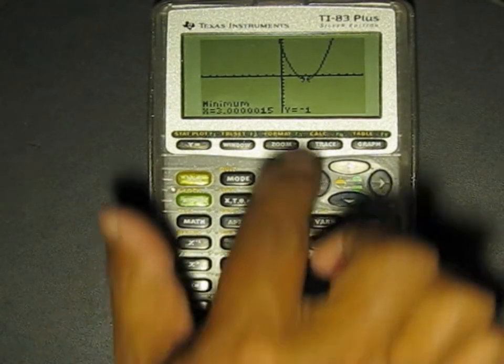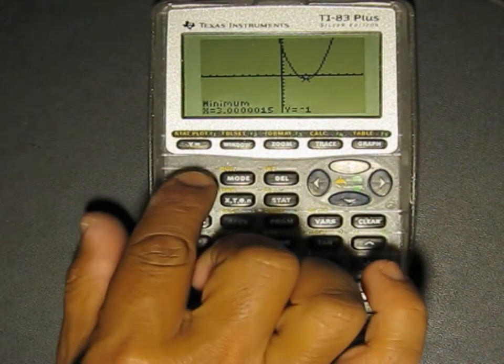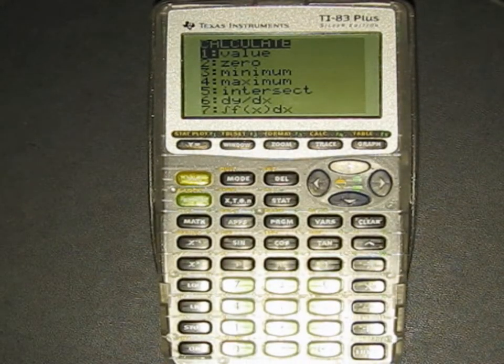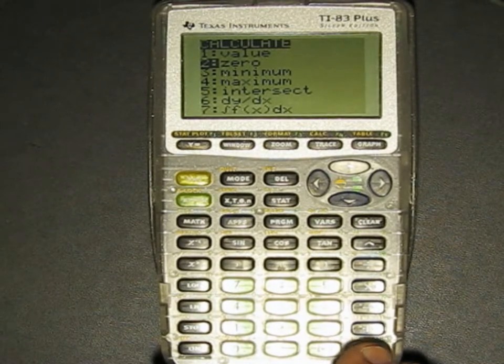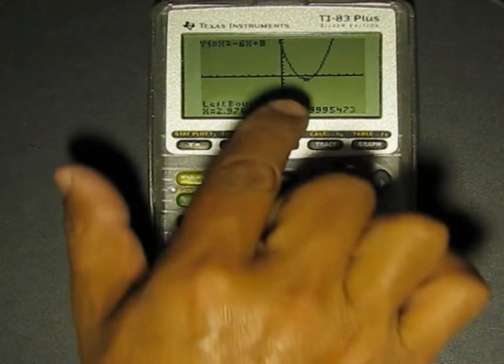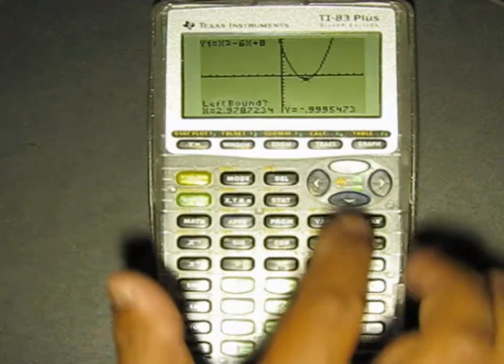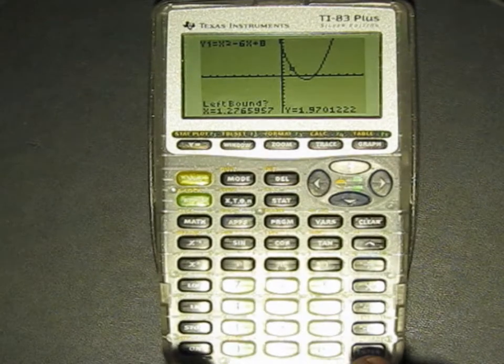We can also find the x-intercepts of this parabola by going second trace again. Instead of going for minimum, we're going to go for zeros, which are the x-intercepts. You hit enter, and let's say we're going to find the left one. There are 2 x-intercepts. We're going to find this one here. So we scroll to the left of that x-intercept, hit enter.